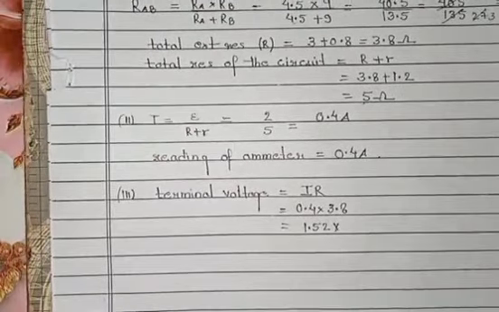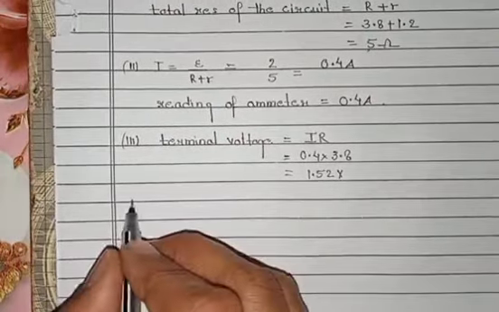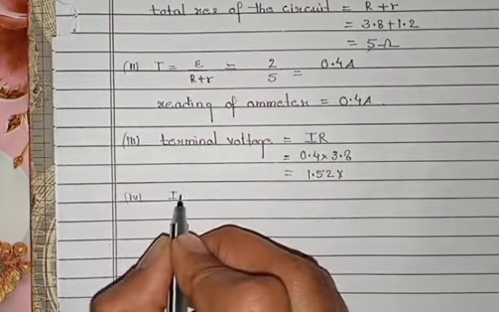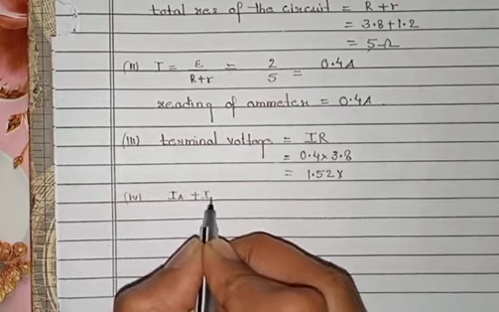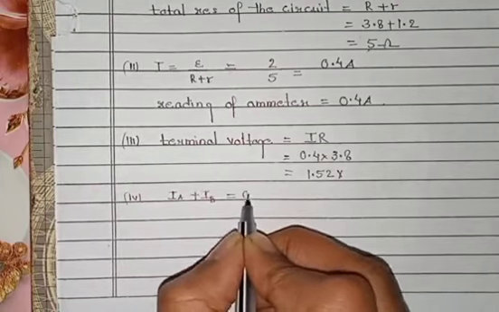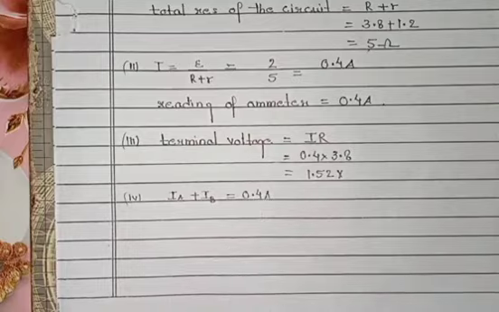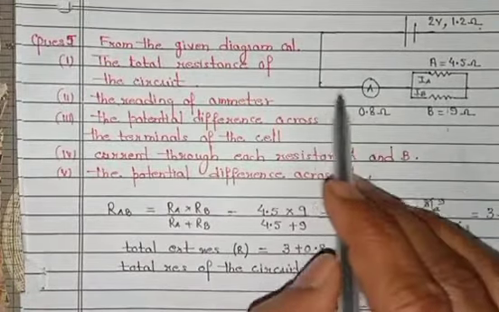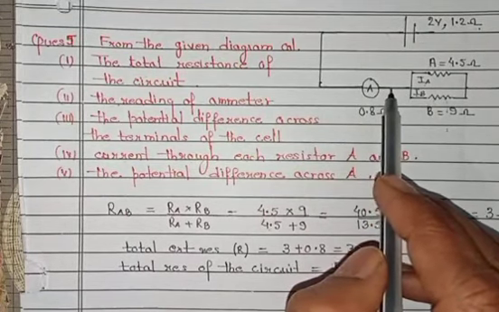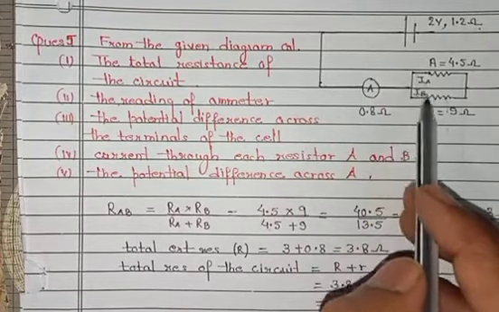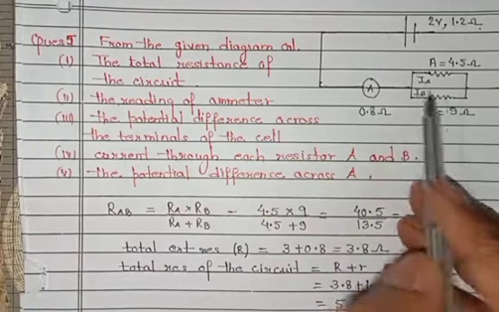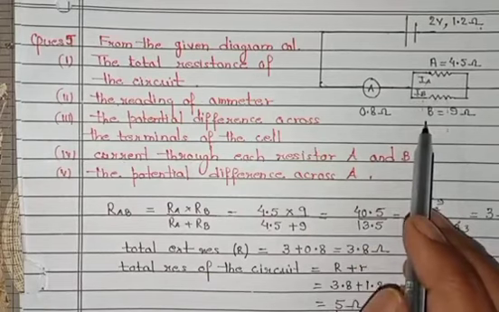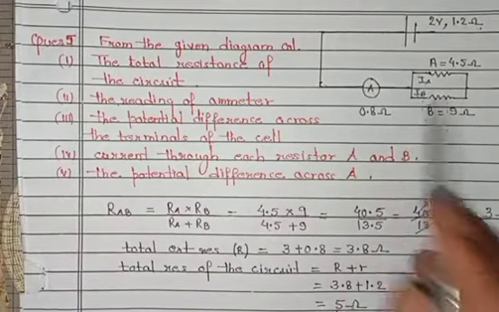Now IA and IB, these two are the combination of the total current 0.4. So we can say the first equation that we are getting over here: current through A plus current through B is equal to the total current, because whatever will be the main current coming from the cell, this main current which we have calculated, 0.4, will be divided between A and B. So let us consider current through A as IA and current through B as IB.